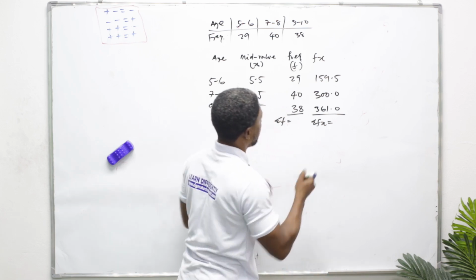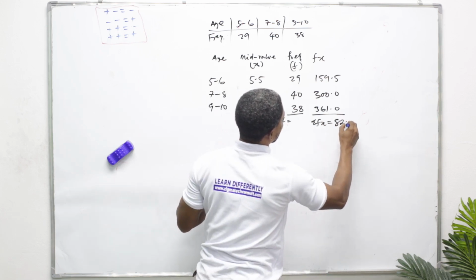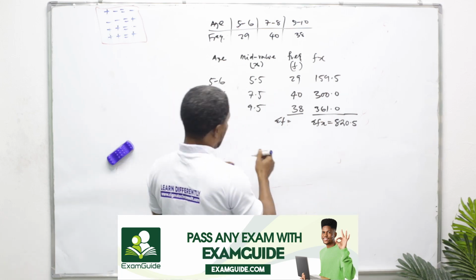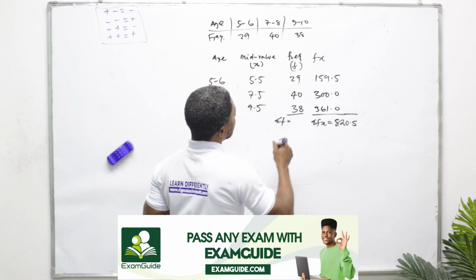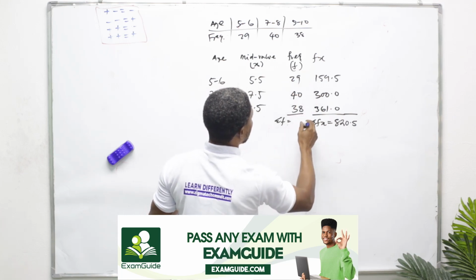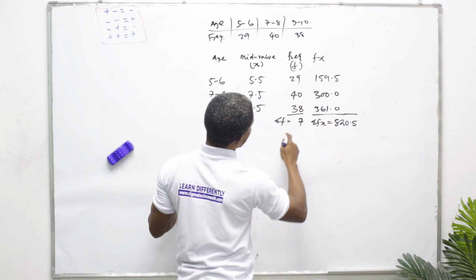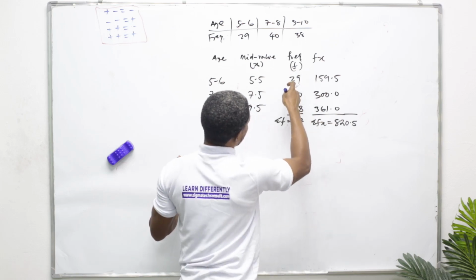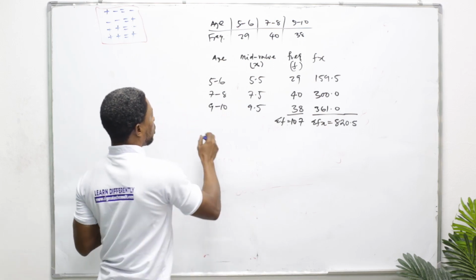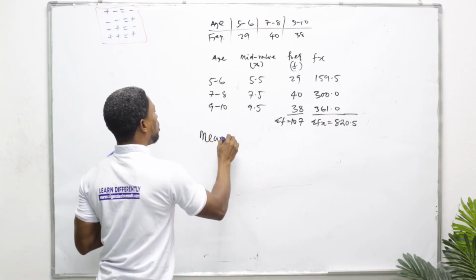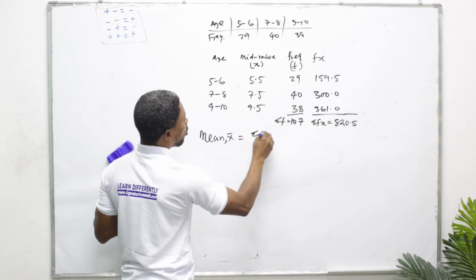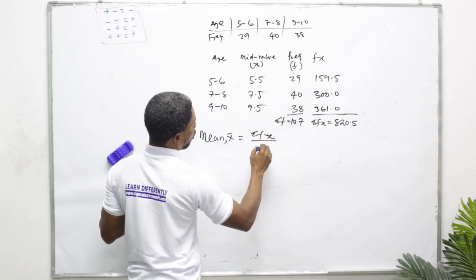That is 820.5. Now let us add this one. This is 9 plus 8, this is 17. Take 1. This is 6, 7. This is 107. And you know that for group data, your mean is equal to sum of fx all over what?